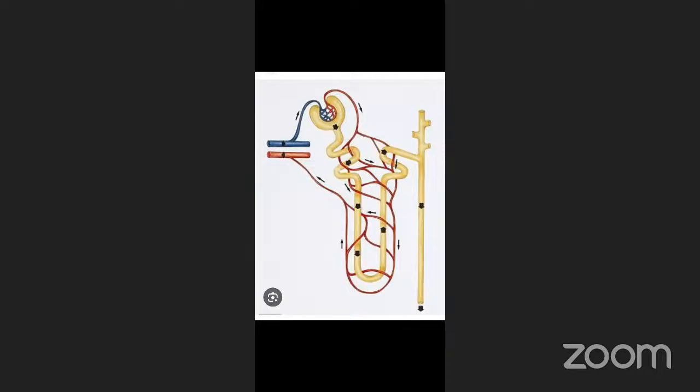So that diagram explains well the counter current flow. That one enables more reabsorption of salts back to the bloodstream. The movement of blood and the glomerular filtrate in opposite directions enables the blood to pick up the salts.